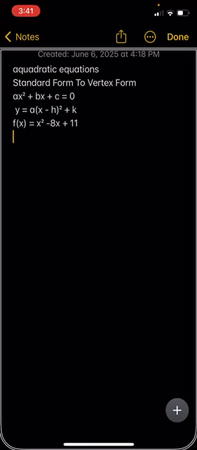First thing we're going to do is change that f of x into y, because right now it is in function notation form. It is easier for us to deal with y. So we have y is equal to x squared minus 8x plus 11.